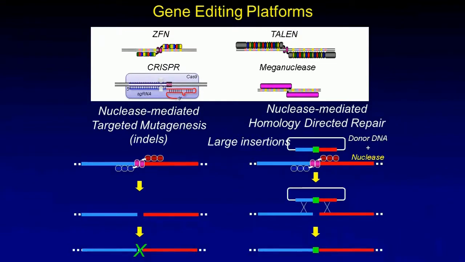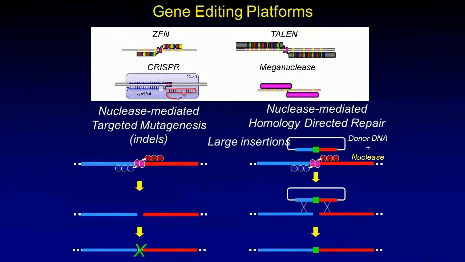So to put in a large insertion, for example, introducing a transgene into a safe harbor zone in a genome, or perhaps putting a GFP tag in frame with some protein that you want to study in the cell, these would all be examples of cases where homology-directed repair could precisely insert some kind of a large insert in a very precise way into the genome.